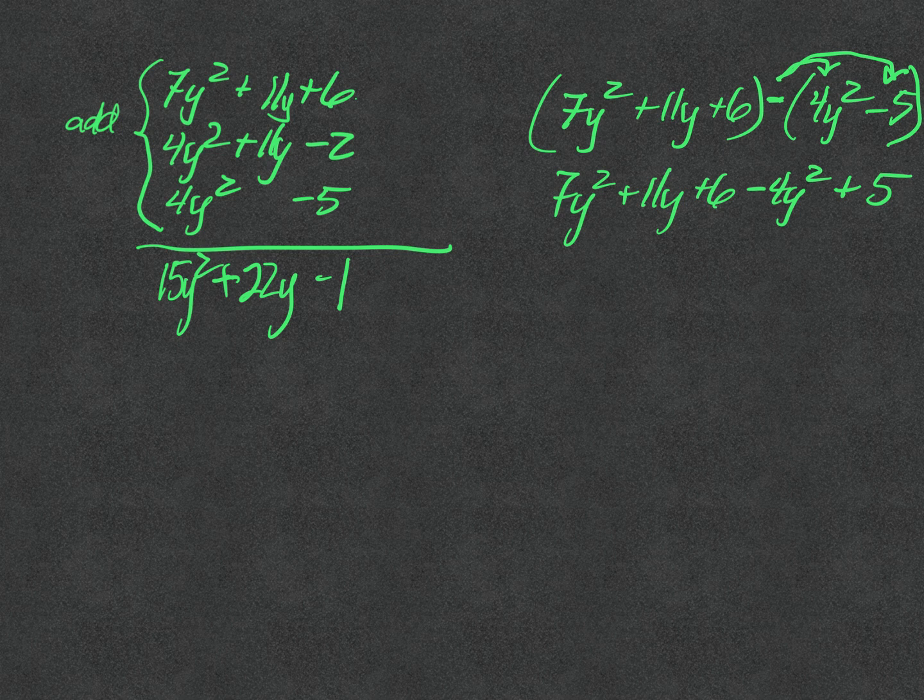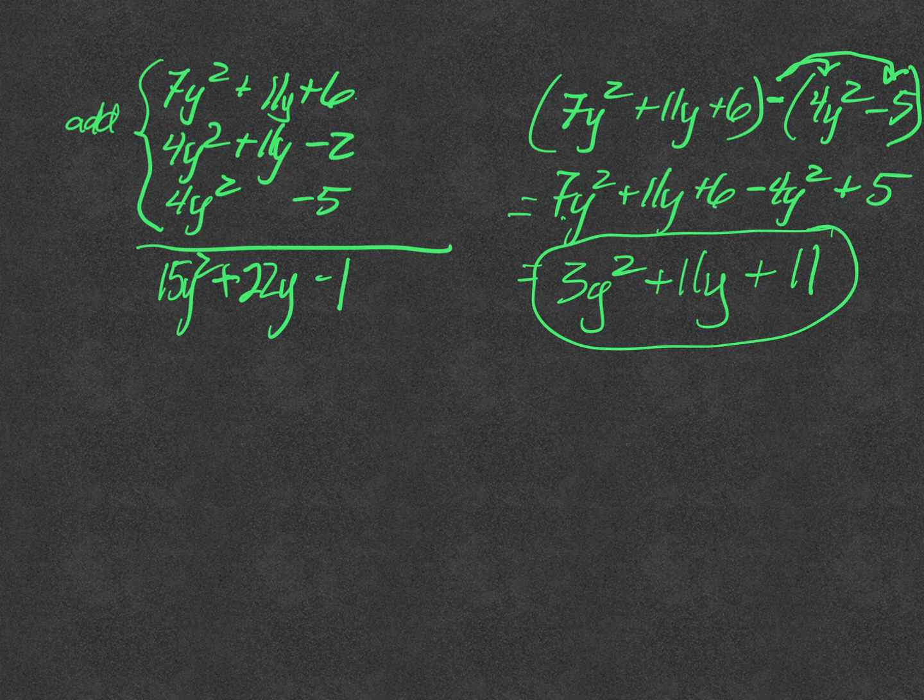And now just collect like terms. 7y squared minus 4y squared is 3y squared. 11y doesn't have another like term. And then 6 plus 5 is 11. And so this would be the finish of the subtraction problem.